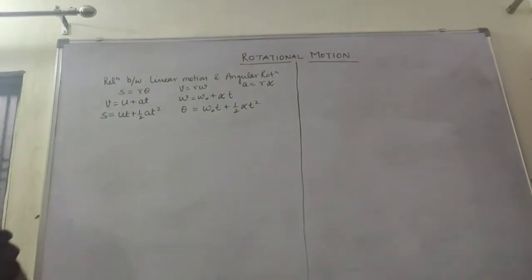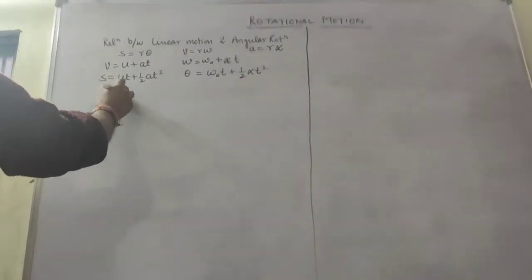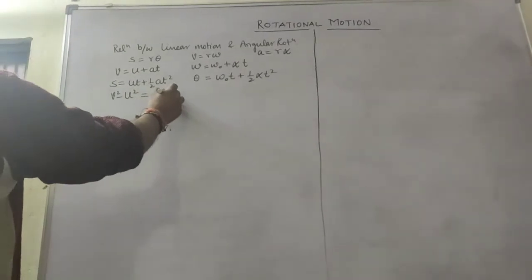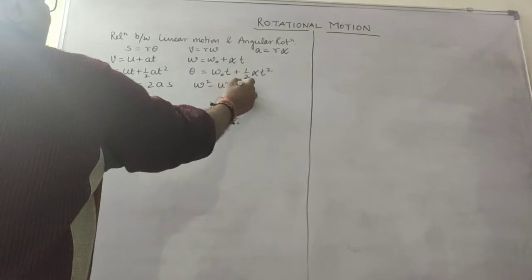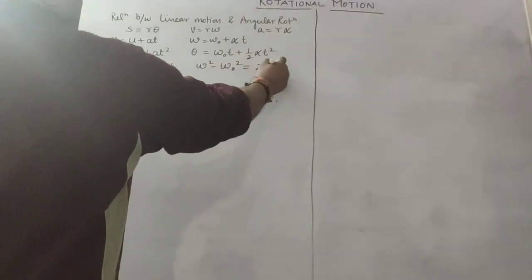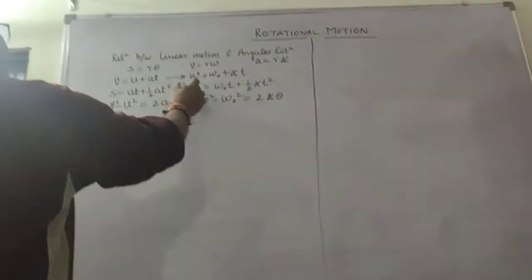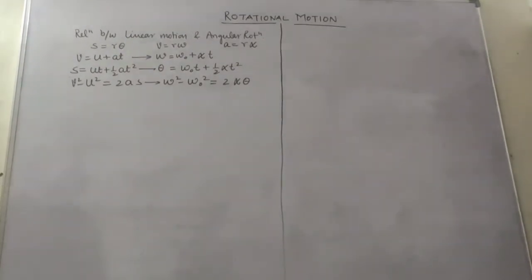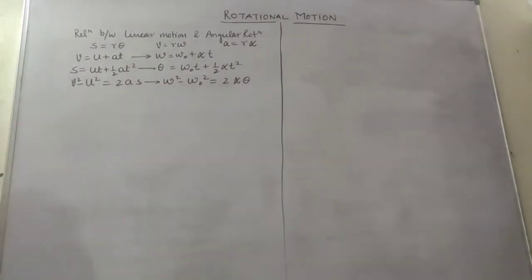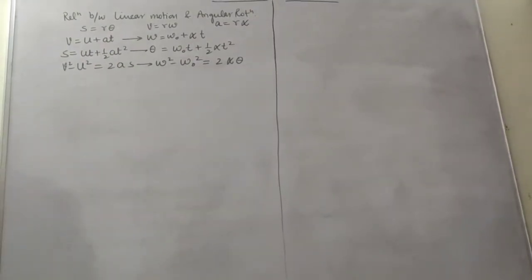Then the third equation of motion, v square minus u square is equal to 2as, becomes omega square minus omega naught square is equal to 2 alpha theta. So the equations of motion change into this form in rotational motion. I will derive them one by one, so be careful. I have explained this derivation in the equation of motion integration part also.